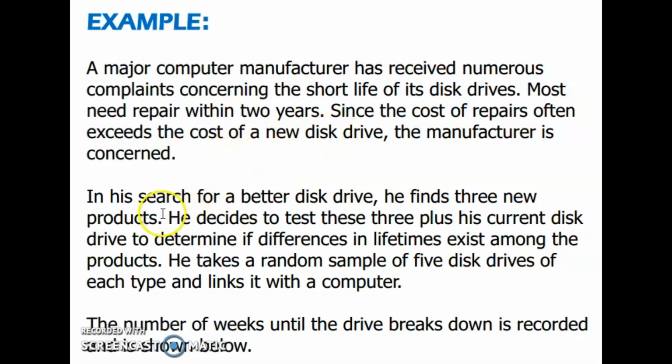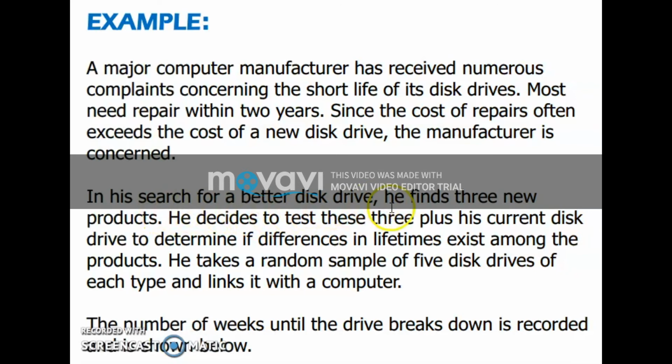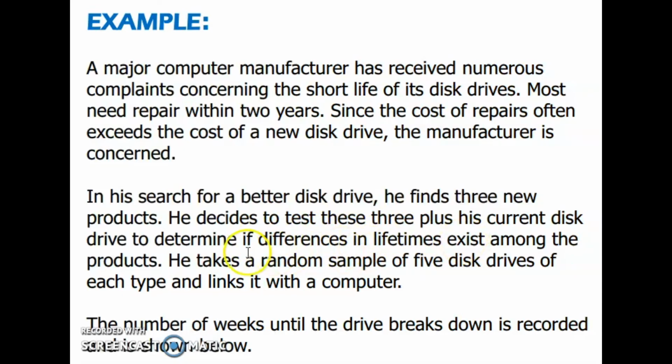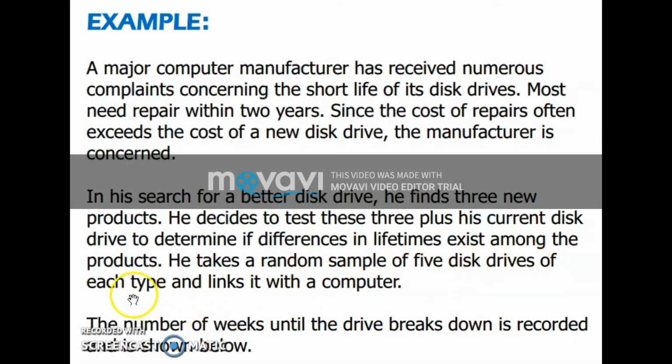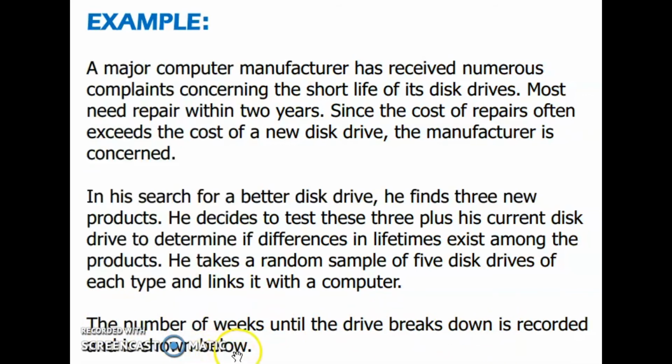In his search for a better disk drive, he finds 3 new products, and he decides to test these 3 plus his current disk to determine if differences in lifetimes exist among the products. He takes a random sample of 5 disk drives of each type and links it with a computer, and the number of weeks until the drive breaks down is recorded and is shown below.